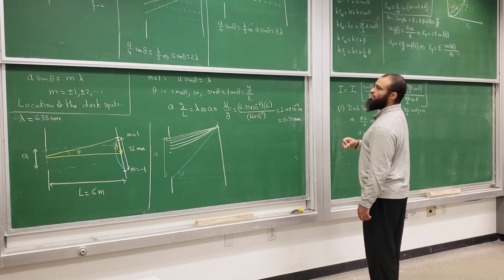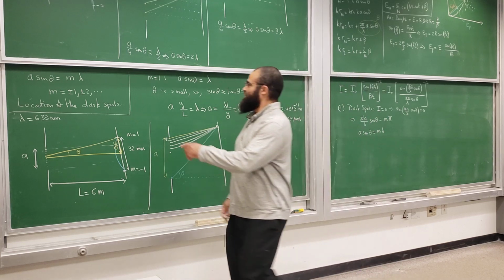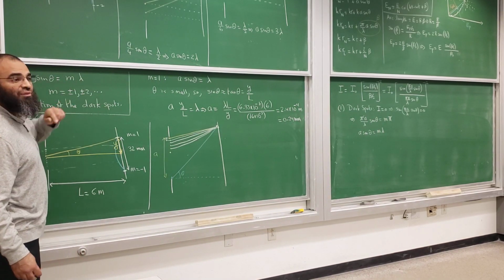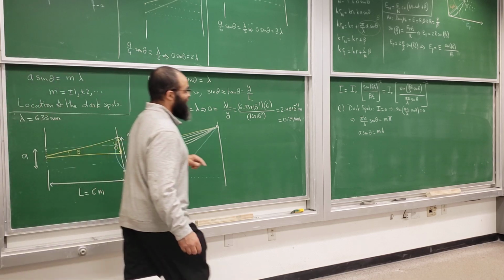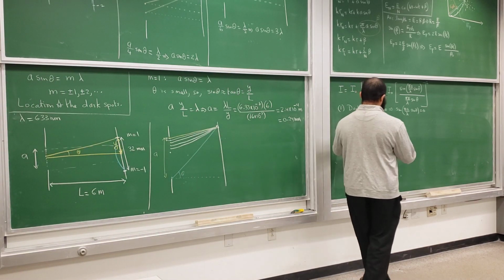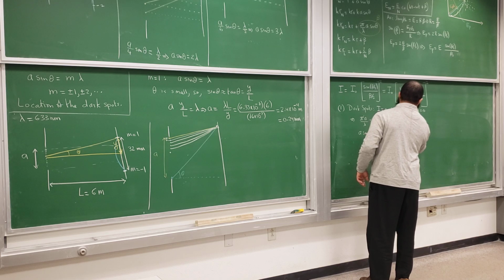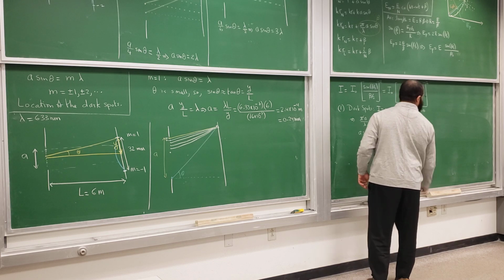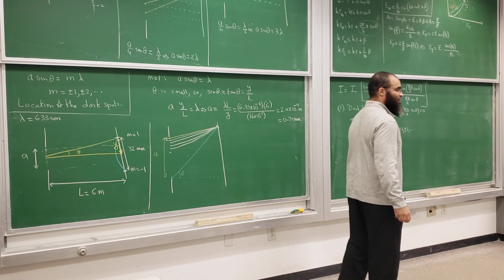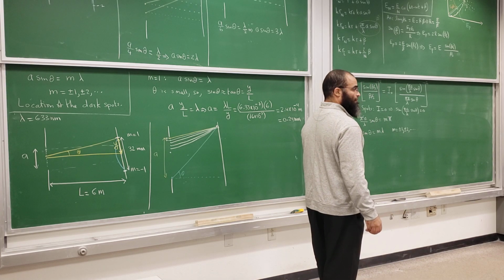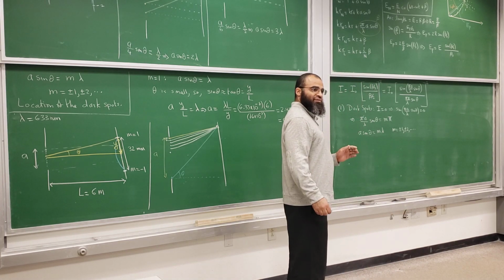We had it somewhere. Yeah, right here. Location of dark spots: a sine theta is equal to m lambda, which is exactly what we had earlier, where m is plus or minus 1, plus or minus 2, and so on. Not 0. Okay. Any questions on this one?